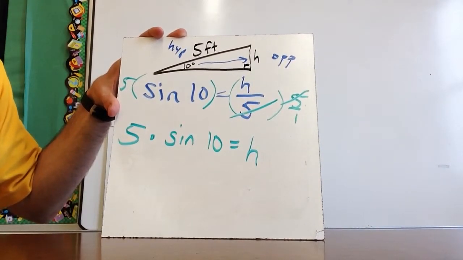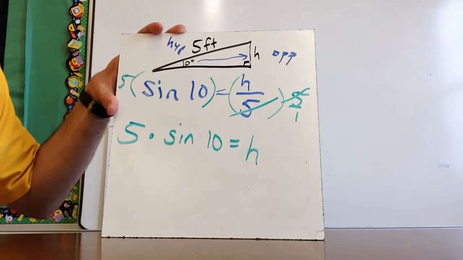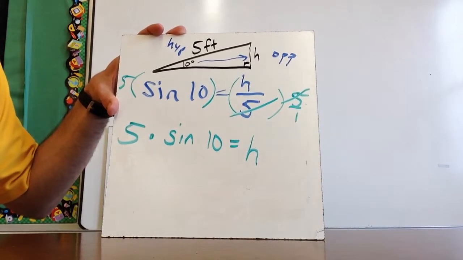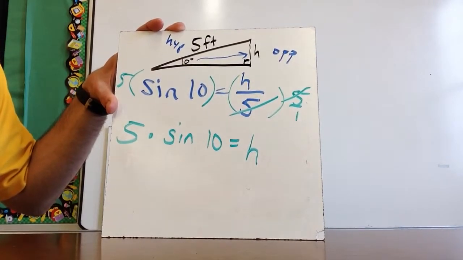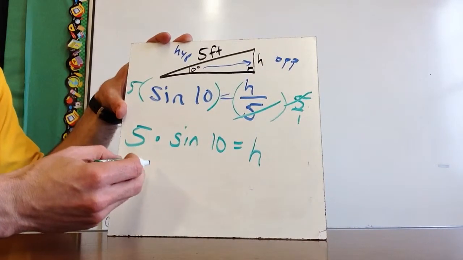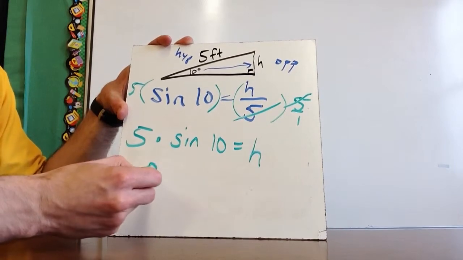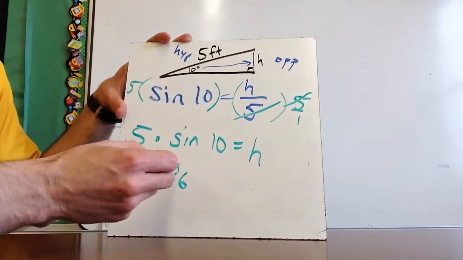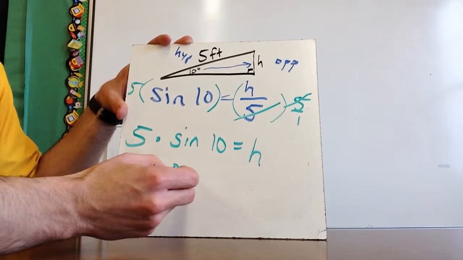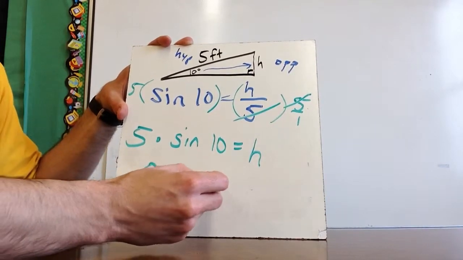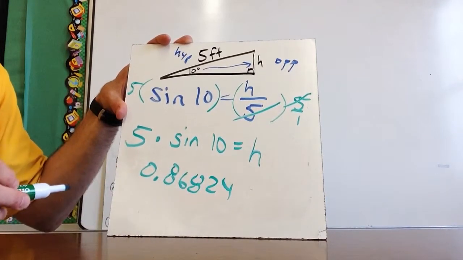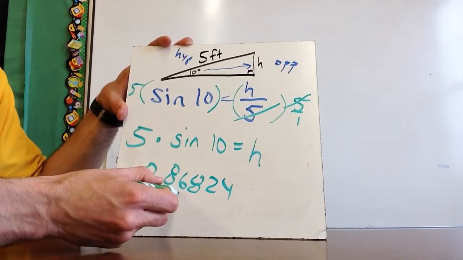Now is when I'm going to need to take out my calculator. I'm going to type in sine of 10 times 5, and I end up getting 0.8624. And so I'm going to round to the nearest tenth.